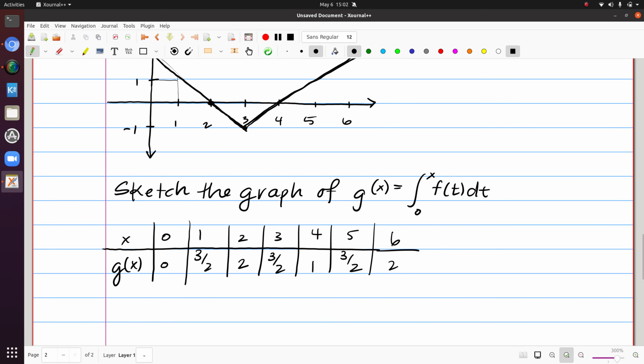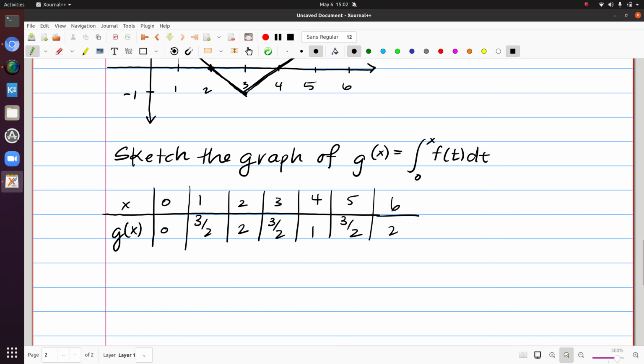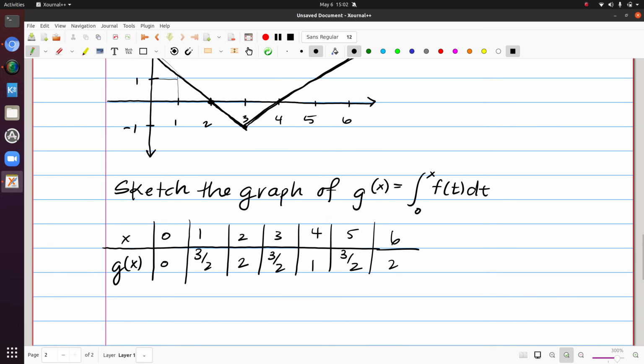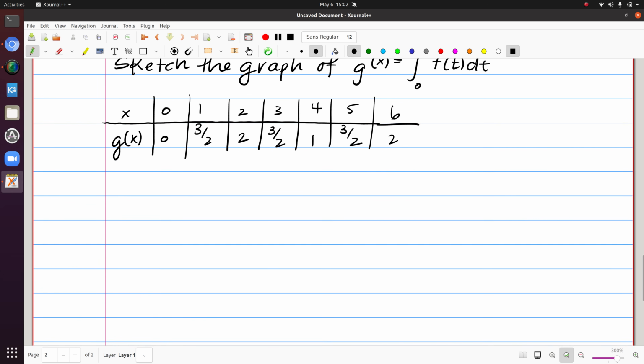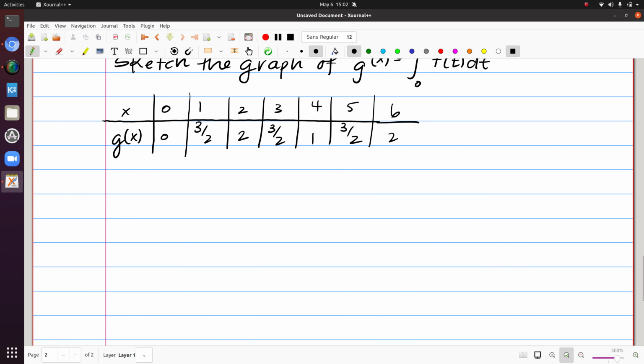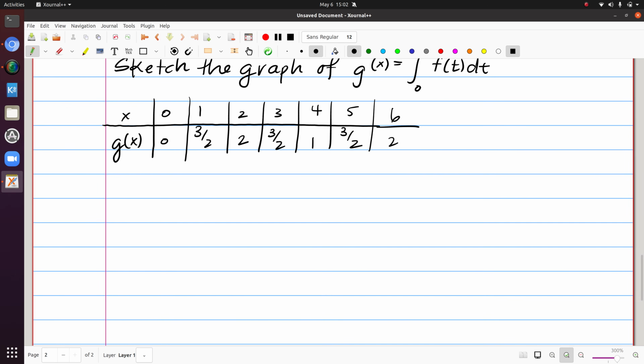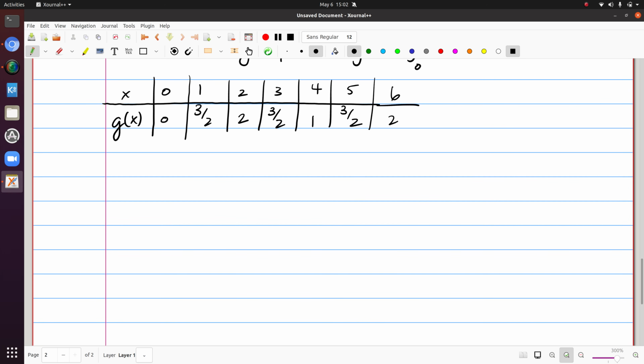So thinking about this here, what I want to look at is the sketch of this. If I were to sketch g of x, let's scale it so this is 2.